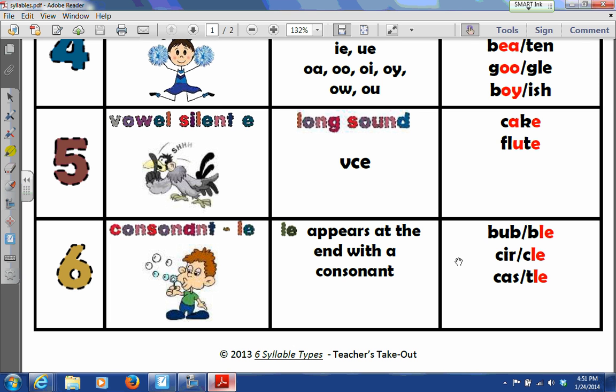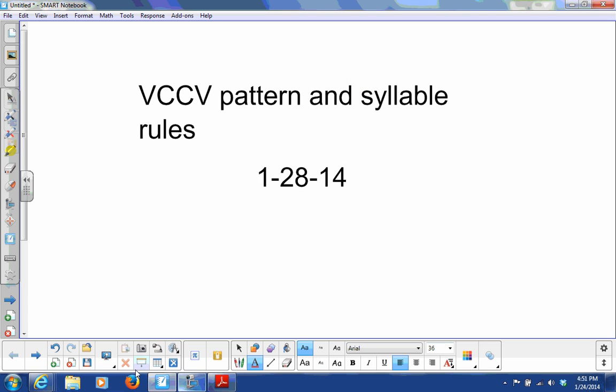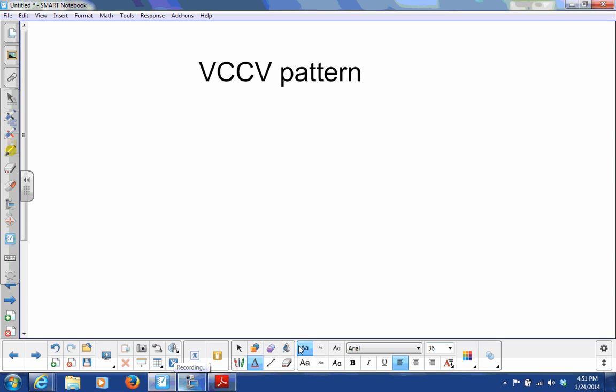And we'll practice the other syllable rules a little more in class, but tonight we're going to focus on vowel, consonant, consonant, vowels. Okay, so we have a vowel, consonant, consonant, vowel pattern. So let's write that out.